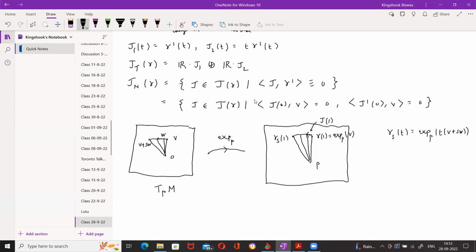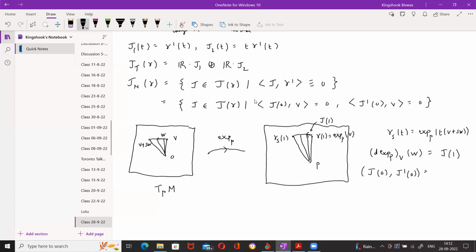From the chain rule, you can see that the tangent vector w under the derivative of the exponential goes to J(1). So that gives us that d(exp_p) at the point v of w is J(1).